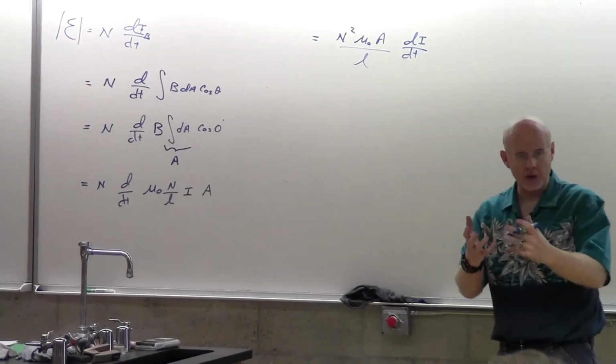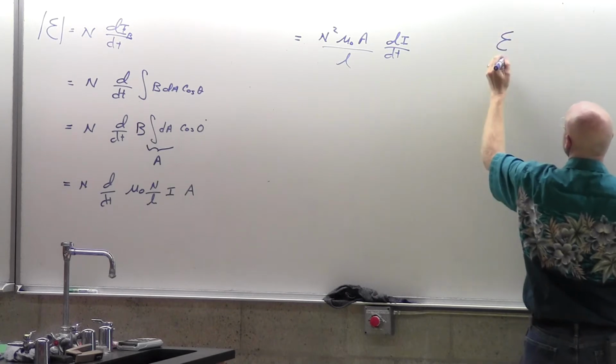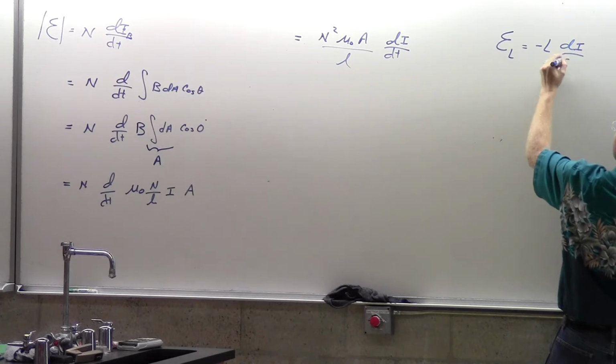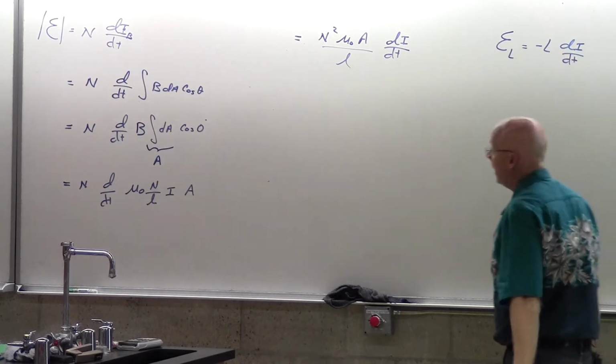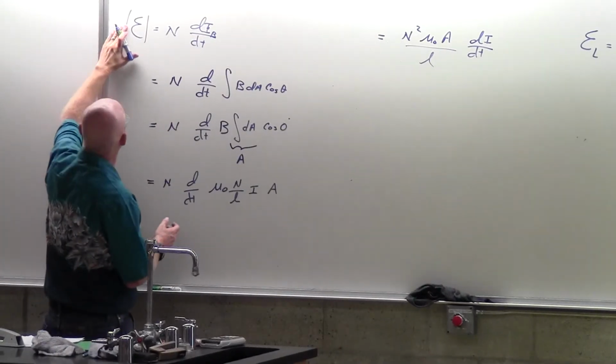And if you compare that to what we've been doing with our inductors, we've been saying the voltage from the inductor is minus L di dt. Now I didn't put the negative in here, just like the last problem, but maybe I should have.